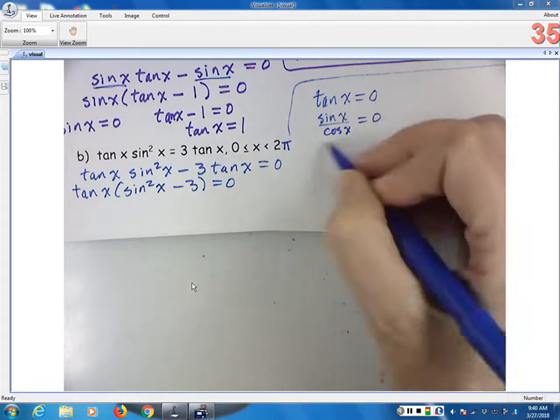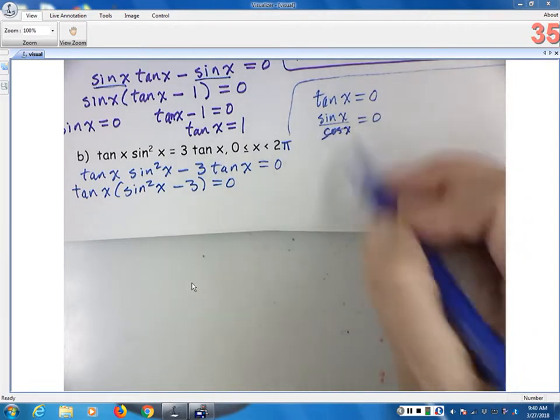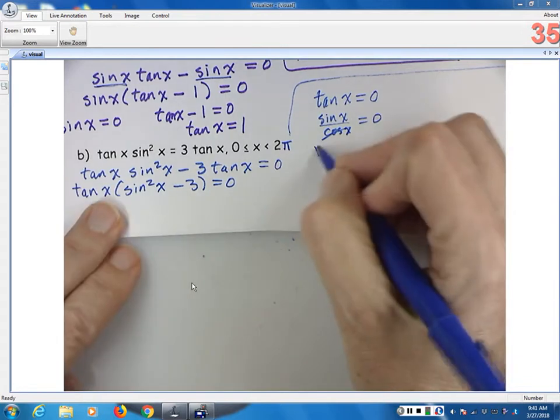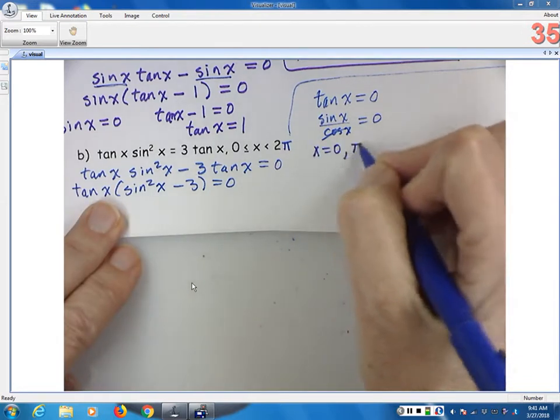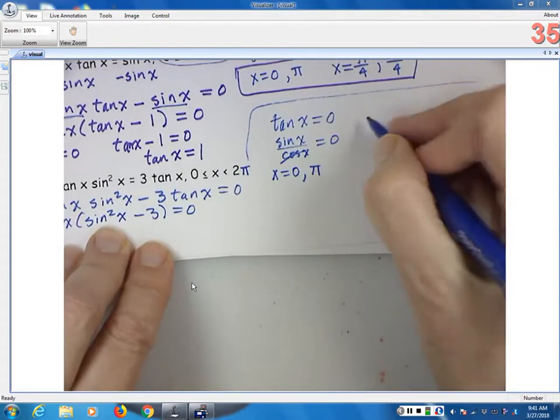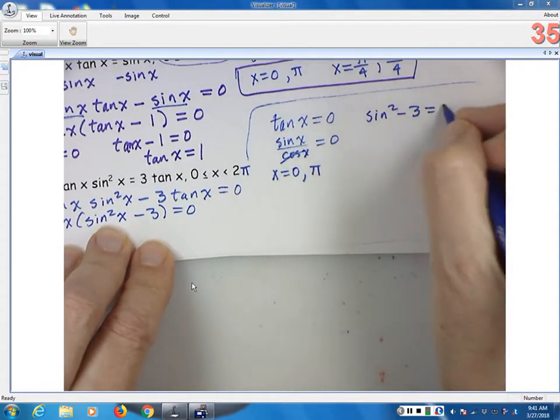You can multiply through by cosine to get rid of that. Where sine is 0 is at 0 and pi, right? So x equals 0 and pi. And then sine squared x minus 3 equals 0.